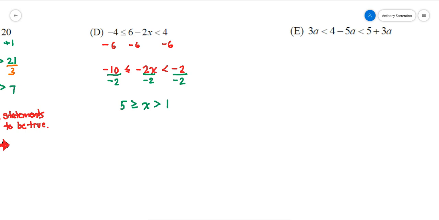Now typically when we write this, basically what it's saying is x is between 1 and 5, not including the 1, but including the 5. So, this is kind of like an in-between.